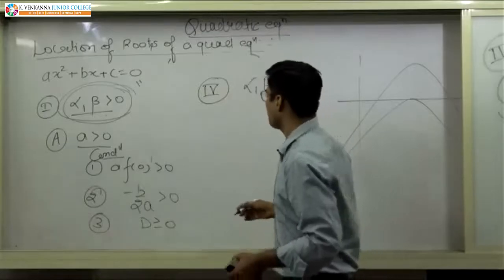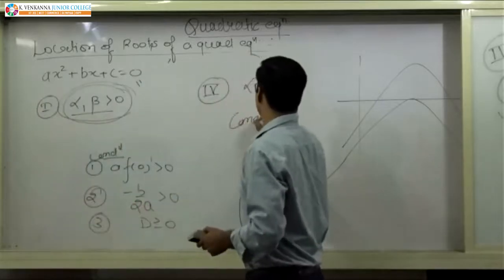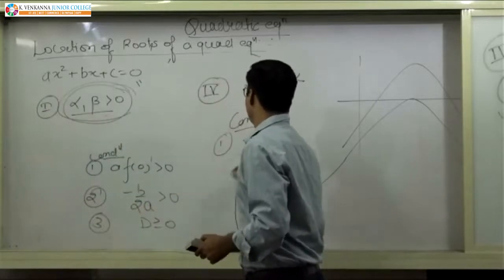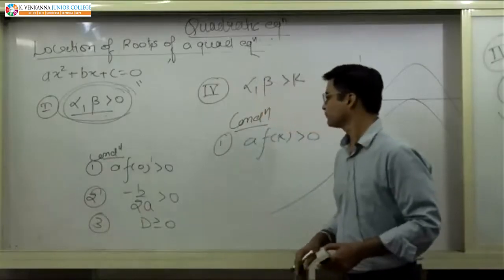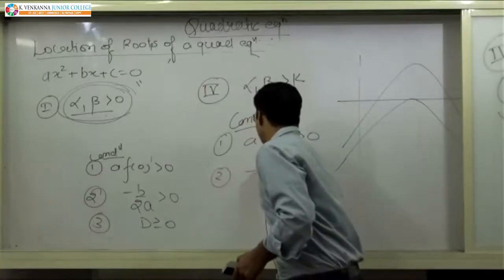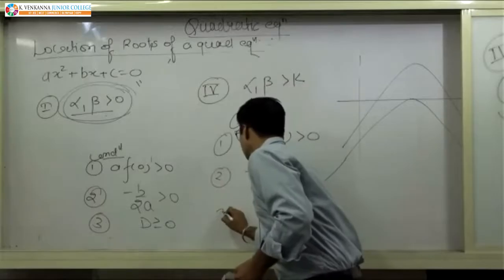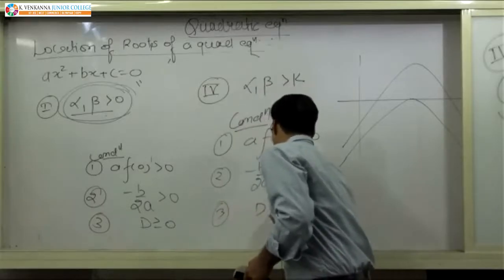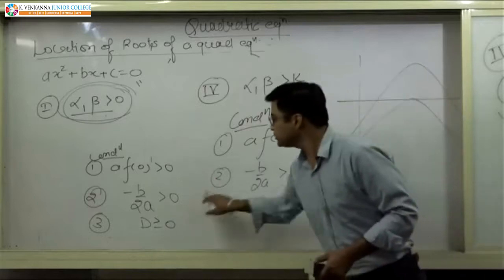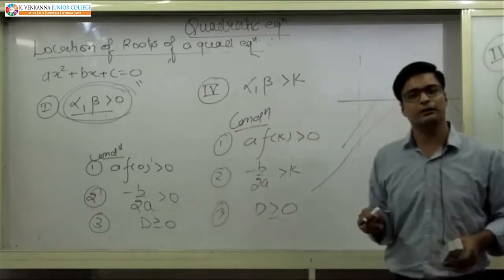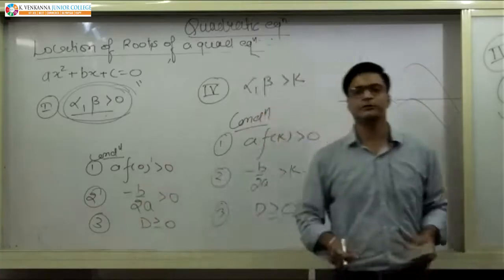The condition that we got is a times f of k is greater than 0. Second, minus b by 2a is greater than k. And third, discriminant is greater than equal to 0. So these two conditions are extremely similar. If you just put k equal to 0 here, then you will get this condition.